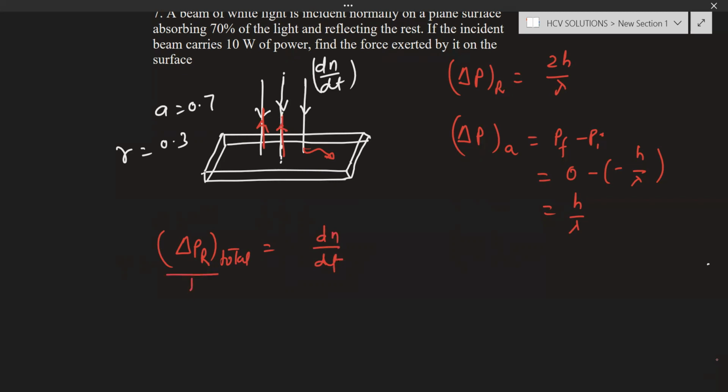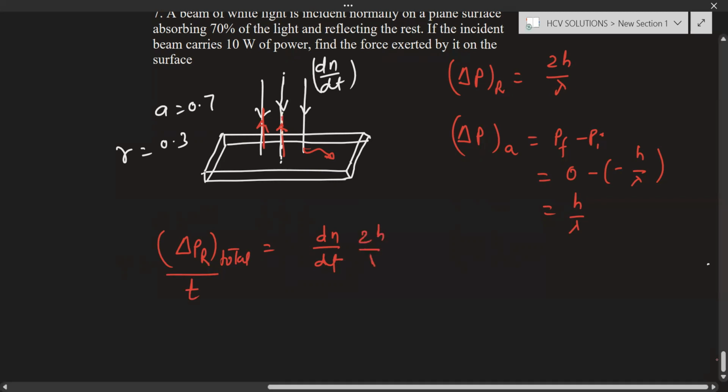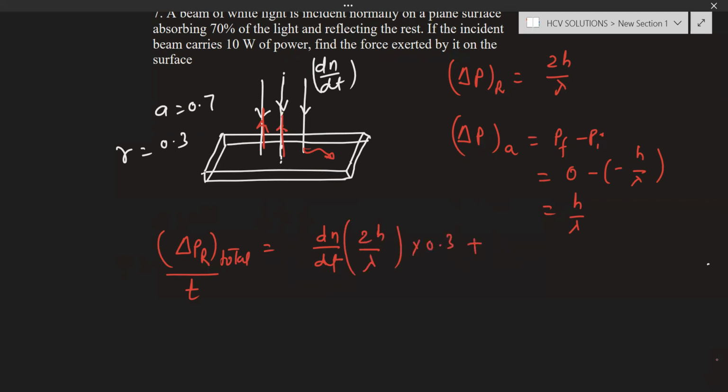For reflection it is dn upon dt times 2h by lambda, but only 0.3 part is reflected. For absorption, dn upon dt times h by lambda, and that is 0.7 part. This gives the total change in momentum per unit time, from the reflective part and the absorptive part.